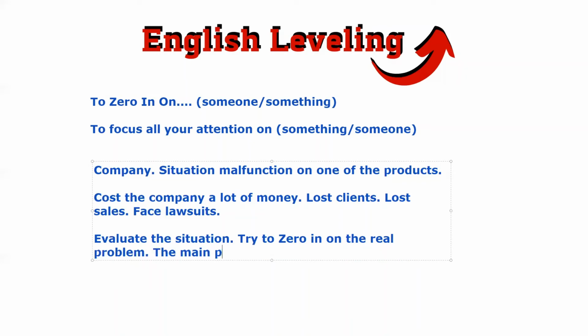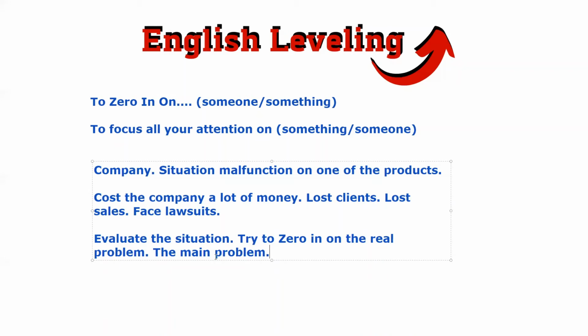And when they find that problem, what do they do? Well, they address that problem. They focus all of their attention on this problem and fixing it as quickly as possible so that they can get rid of these issues. They want to make money. They don't want to lose their clients. They don't want to lose their sales. They don't want to have to face any lawsuits. So they're addressing the problem, fixing it.